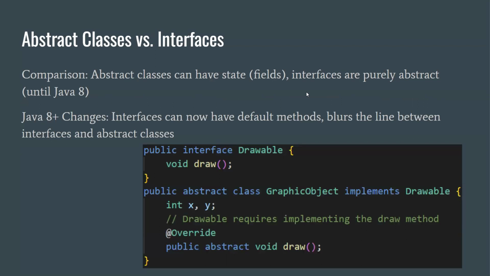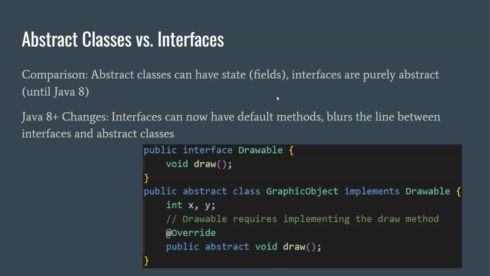Abstract classes versus interfaces. These are two concepts that a lot of students can be confused with, because abstract classes and interfaces are often mentioned together as they both facilitate abstraction. However, they serve different purposes. Abstract classes can hold state and have both abstract and full methods.